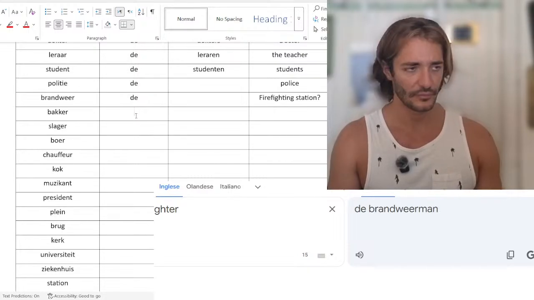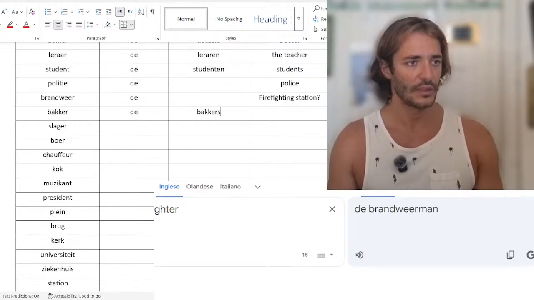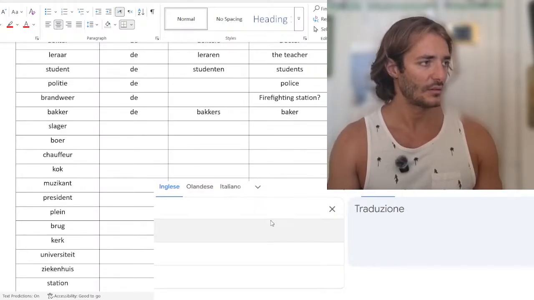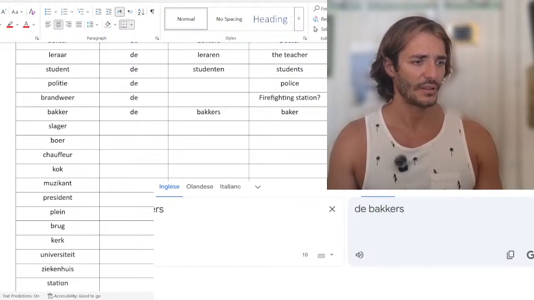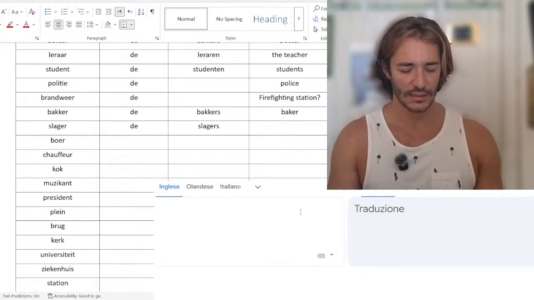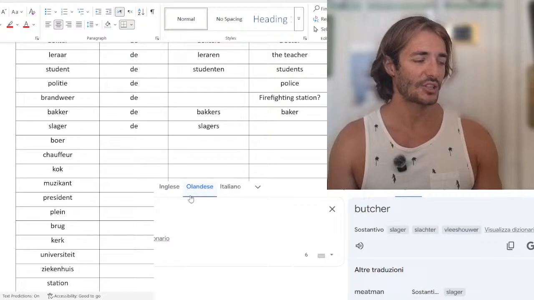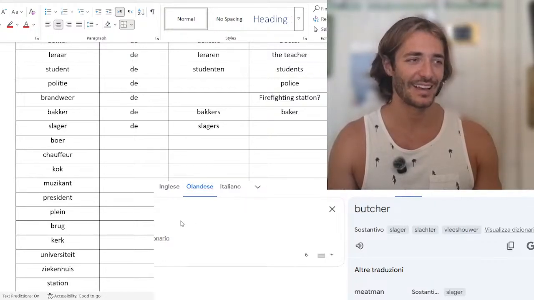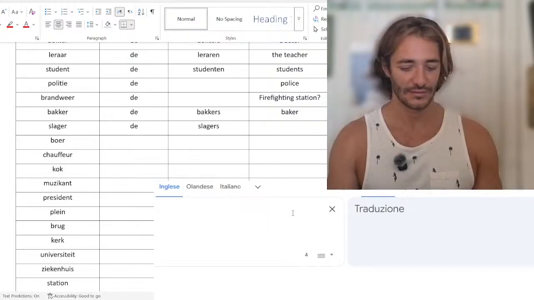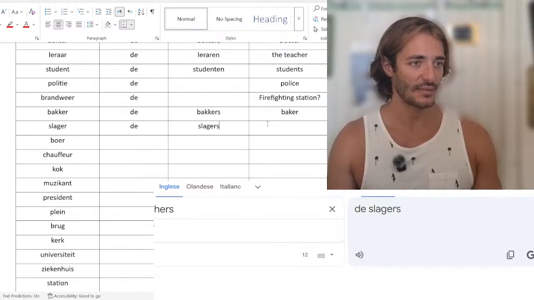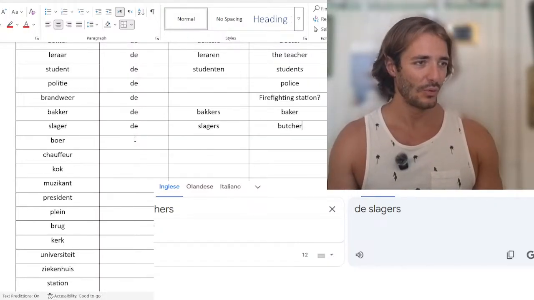Bakker, the bakkers. This is the baker. Let's see. The bakers. Bakkers. Yes. Slager. The slagers. This I don't know what it is. Slager. The butcher, yeah, the slayer, something like that. The butcher. The slager, the slagers, yes. Okay, butcher. Boer, this is farmer.